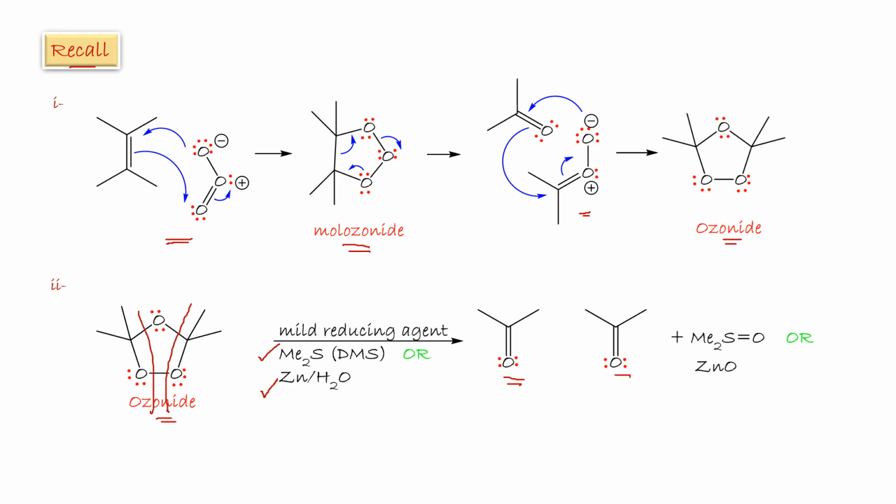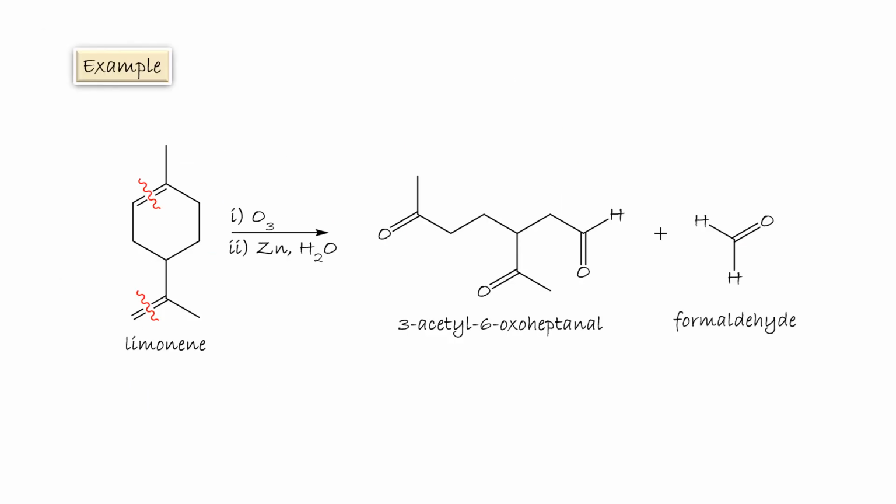two carbonyl compounds and dimethyl sulfoxide, or zinc oxide if you are using zinc and water. Let's see what will happen to limonene when we treat it with ozone and then zinc and water as a second step.